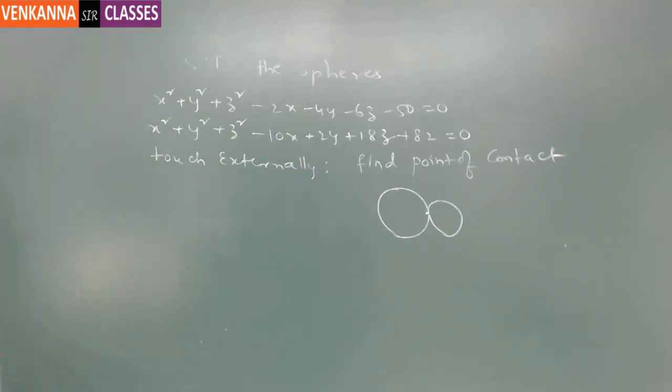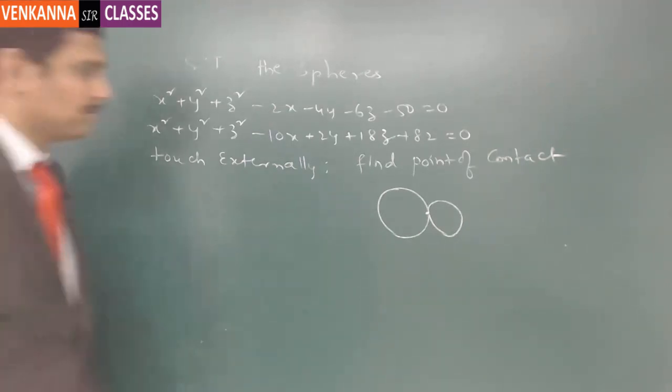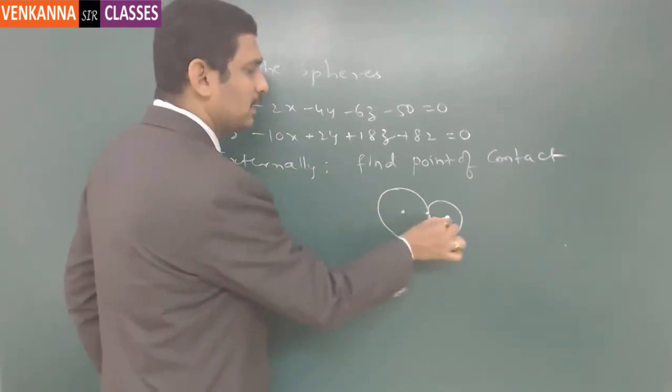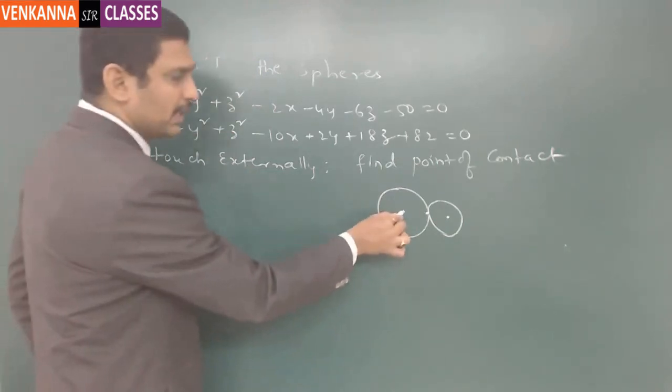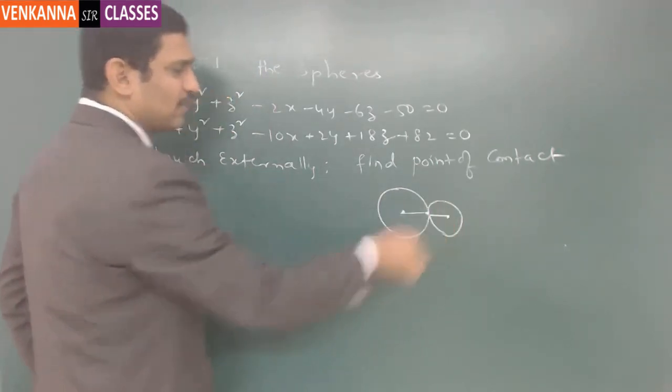So in order to show that they touch externally, what could be the condition we need to check here? Any guesses? So if this is the center of the first sphere, this is the center of the second sphere, then this will be the radius of the first one and this will be the radius of the second one.